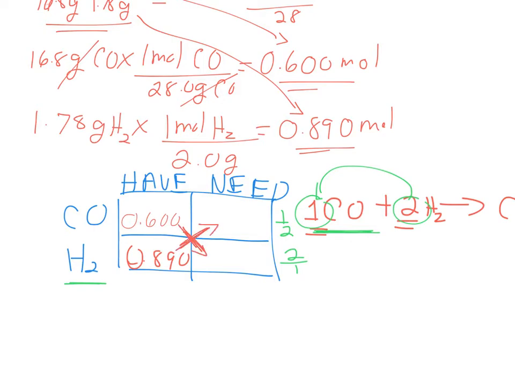So we're going to be taking 1/2 of 0.890 this way. 1/2 of 0.890 is going to be 0.445. And then we're going to take twice 0.600. 0.600 times 2 is 1.20.